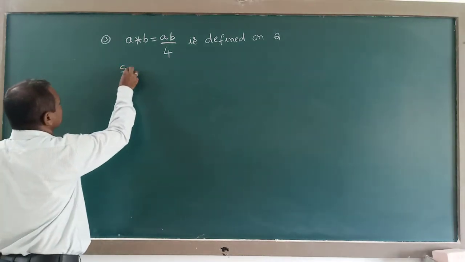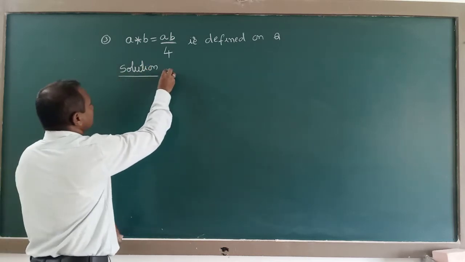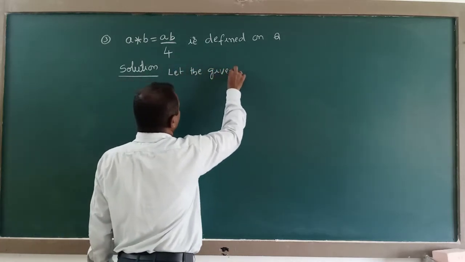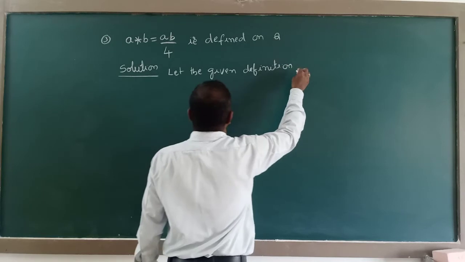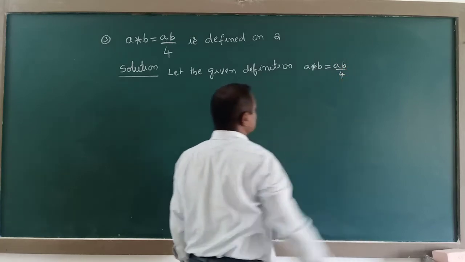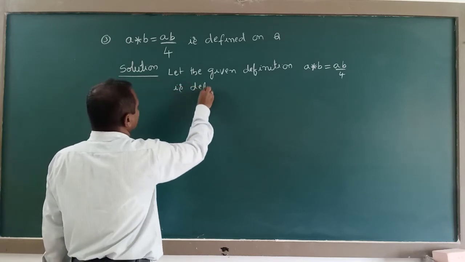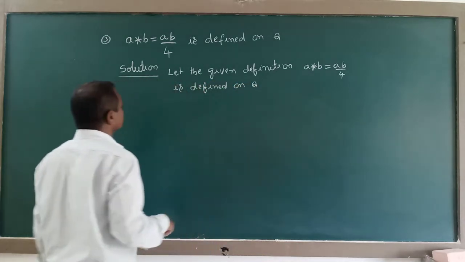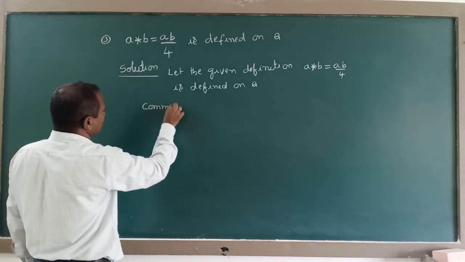The solution for this question is: let the given definition A star B is equal to AB by 4 be defined on Q. First one is commutative.